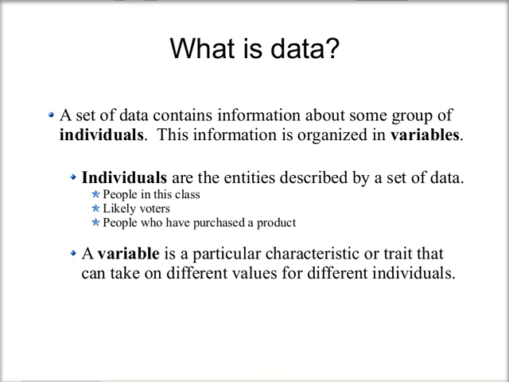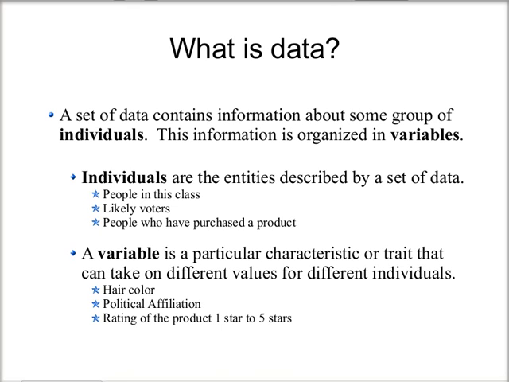A variable is a particular characteristic or trait that can take on different values for different individuals. So in our example here, if I survey the class, I can ask what your hair color is, and then hair color would be a variable, and it takes on different values for different individuals. So people will have different color hair. For likely voters in the poll, I could ask what their political affiliation is, and that would take on different values for different individuals.